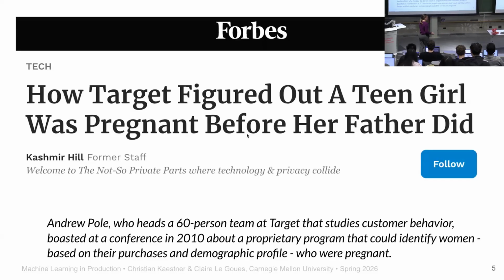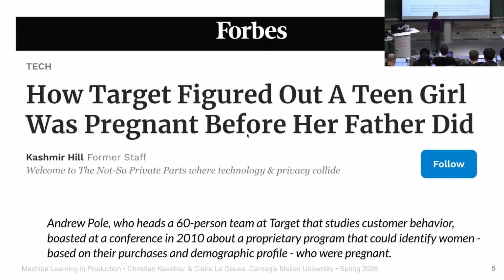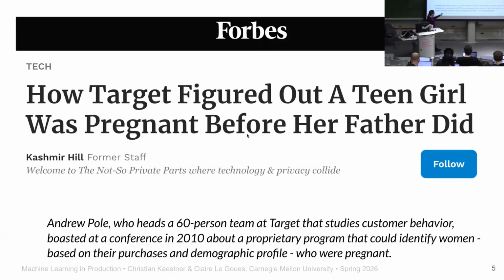So there's a press story at the time. There's a proprietary program in 2010 based on purchases and demographic profiles. They could predict when people were pregnant, right? And again, this is before the current AI, what's the opposite of an AI winter? Summer? The current AI summer, right?